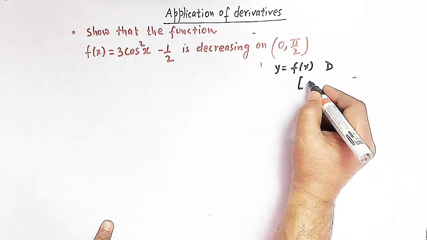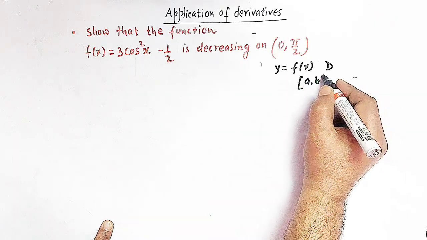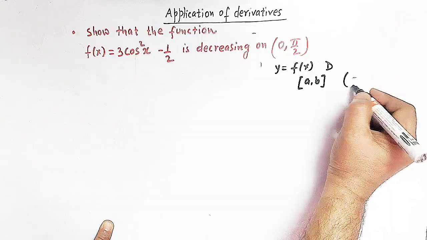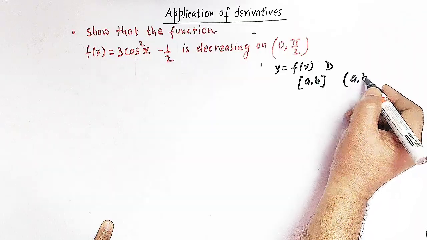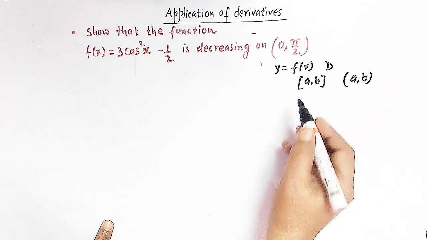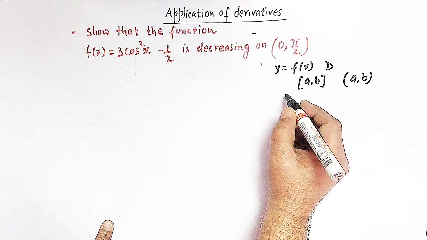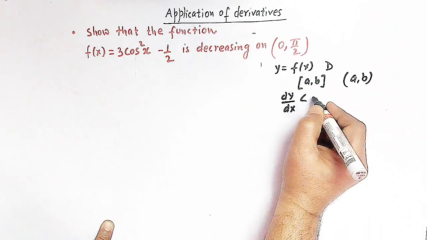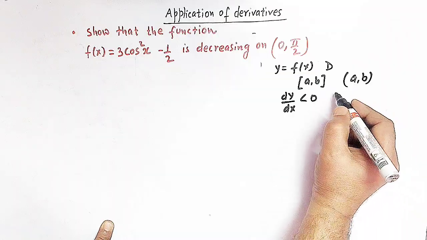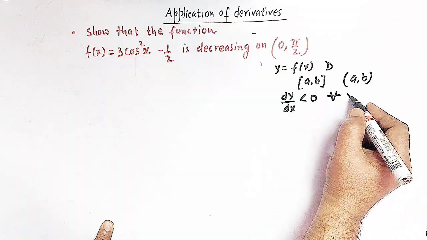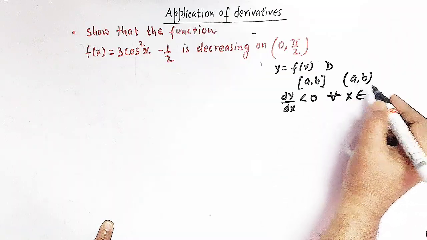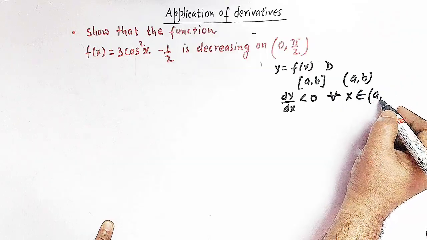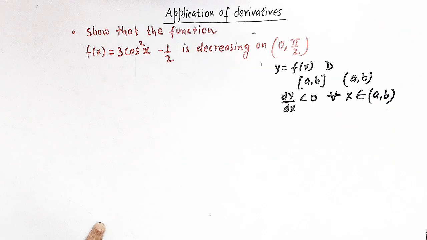Suppose this function is continuous in some interval a comma b and differentiable in the open interval a comma b, then this function is said to be a decreasing function if dy over dx is less than 0 for all x belonging to the interval say a comma b, right?